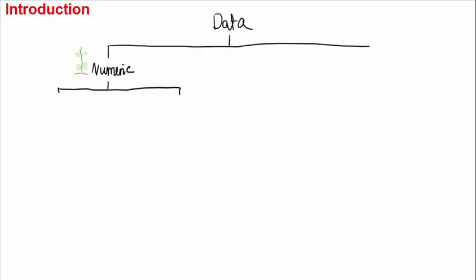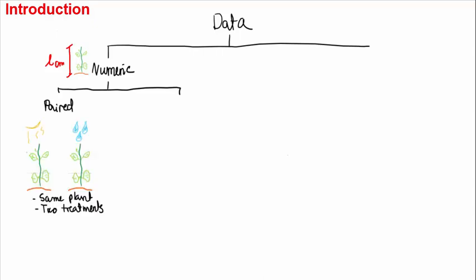The type of data you use in your IA or EE determines the statistics. The most common type of data is numeric data, like we have just used in our examples. Like, for example, length, for example, in centimeters. But these data, numeric data, can be paired.